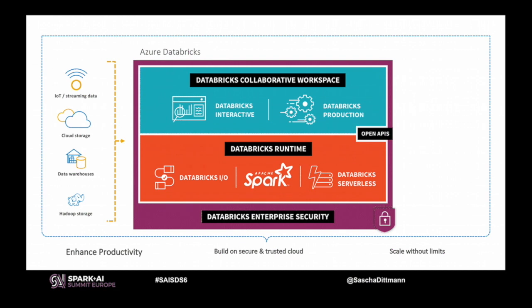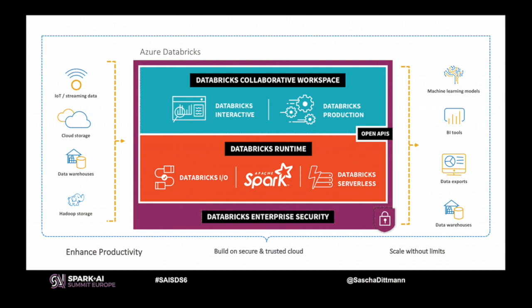You've got the Databricks I/O advantages, so a second cache, special series, and so on, where you can read the data way faster than the standard Spark level. Databricks Serverless, which is purely Docker-based, and on top of that, or surrounded by that, I would say, the Databricks platform, which you already saw in the keynote this morning. And last but not least, the outcome of that, again, the model can be hosted on Kubernetes, for example, on Azure Kubernetes services.